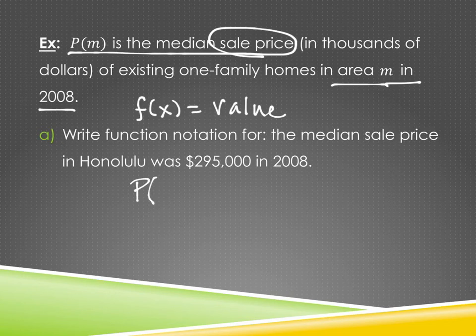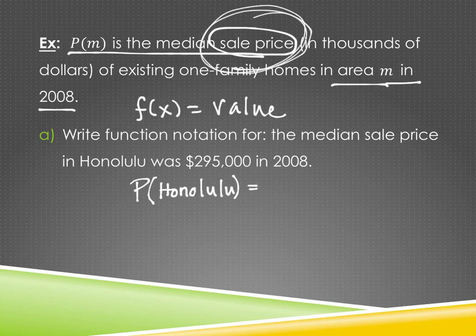And what area is it on part A? Honolulu. So this is P of Honolulu. Equals, and in this case, it says the output is the sale price. And what is the sale price here? It is $295,000. I'm so glad you said it that way too.